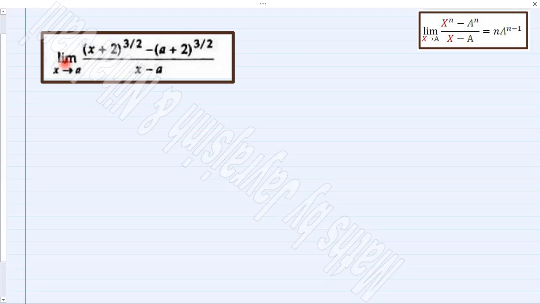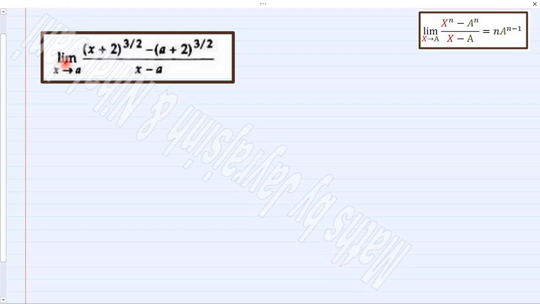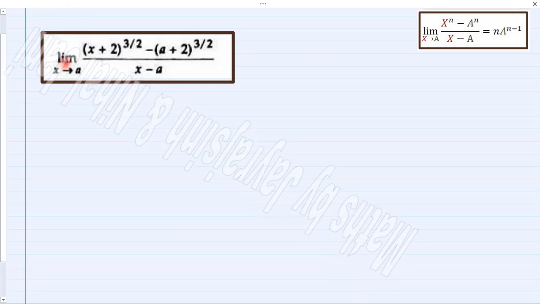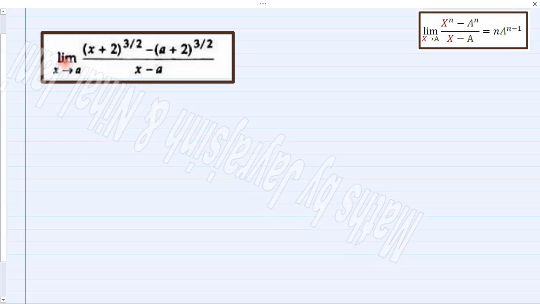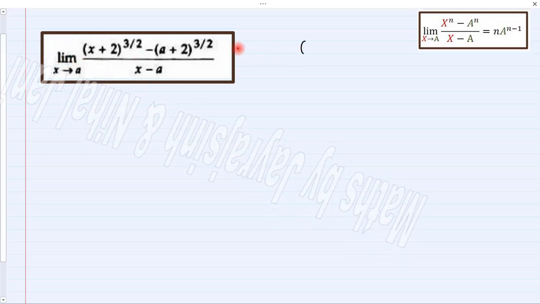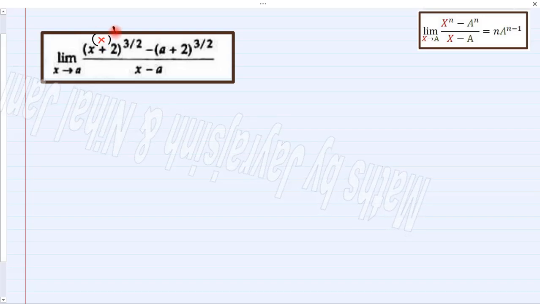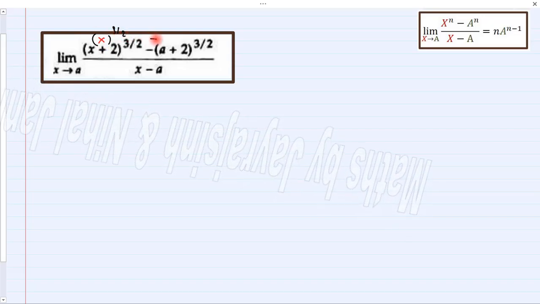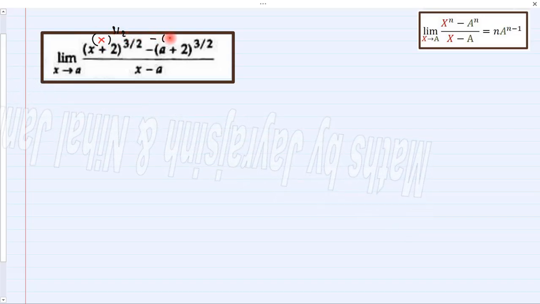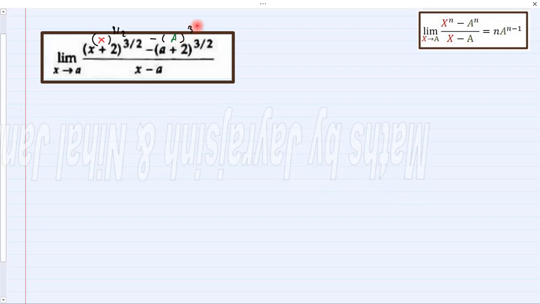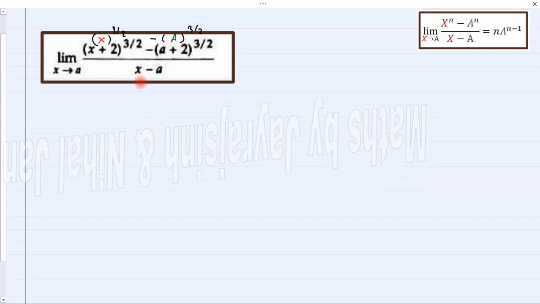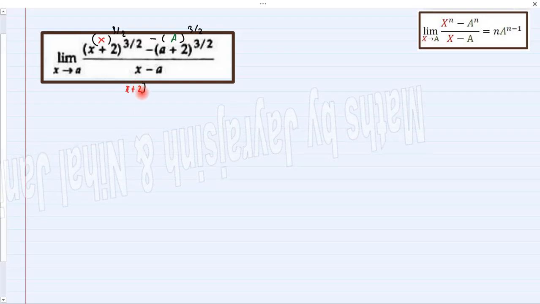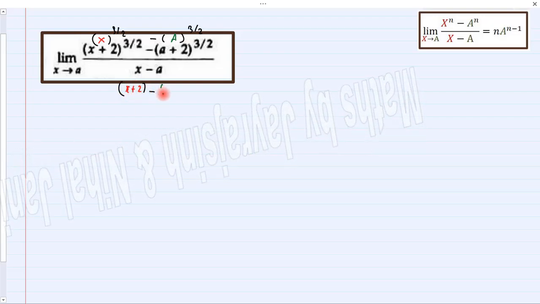In this question, we have the limit x tends to a of (x plus 2) raised to 3 by 2 minus (a plus 2) raised to 3 by 2, upon x minus a. If you see carefully, we have X raised to 3 by 2 and minus A raised to 3 by 2. We just need x plus 2 in the denominator minus a plus 2.